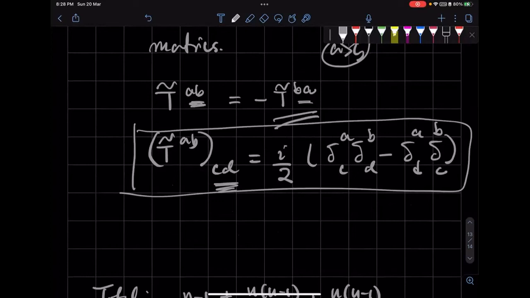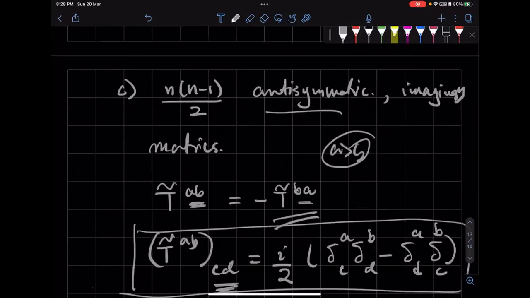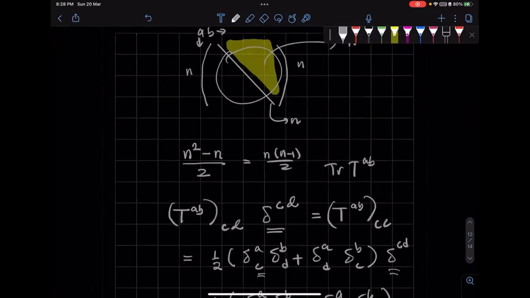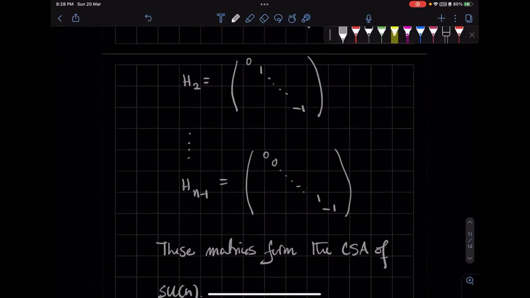Sir, what did the different notations, H and T, mean? I was a bit confused. Oh, yeah, I'm using H for the Cartan subalgebra, the maximally commuting set. And if you draw this matrix, you can show that the elements of H all commute, right? Because they're all diagonal matrices.